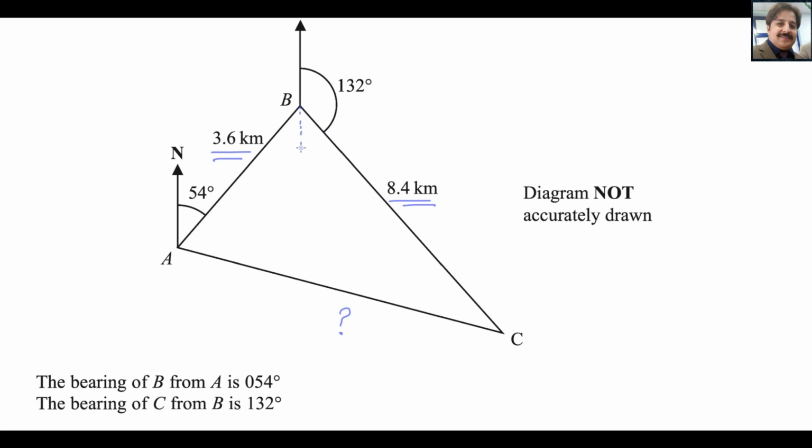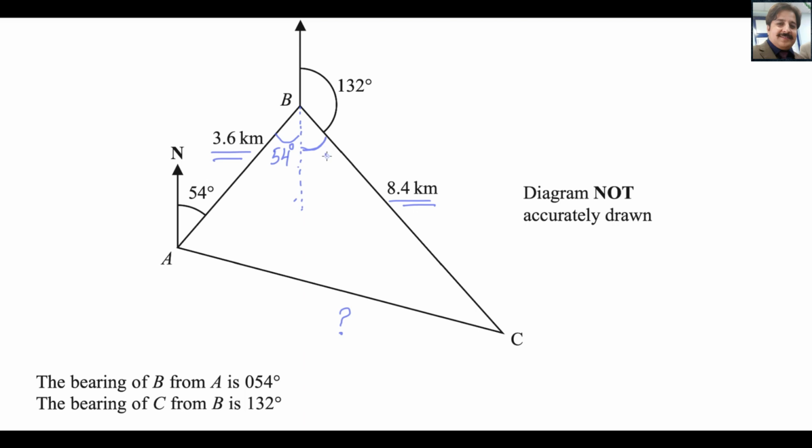To find angle B, produce this line backwards. Now this line and that line are parallel, so this angle will be 54 for sure, because they are alternate angles. If two lines are parallel, the angles formed like this are always equal. So this angle is 54, this angle is 54. Now you can easily find this angle because it is a straight line.